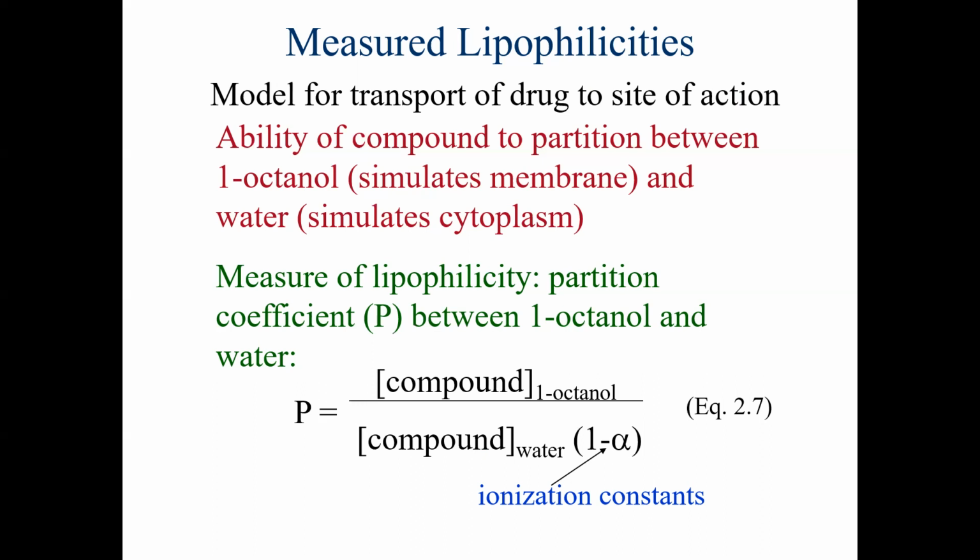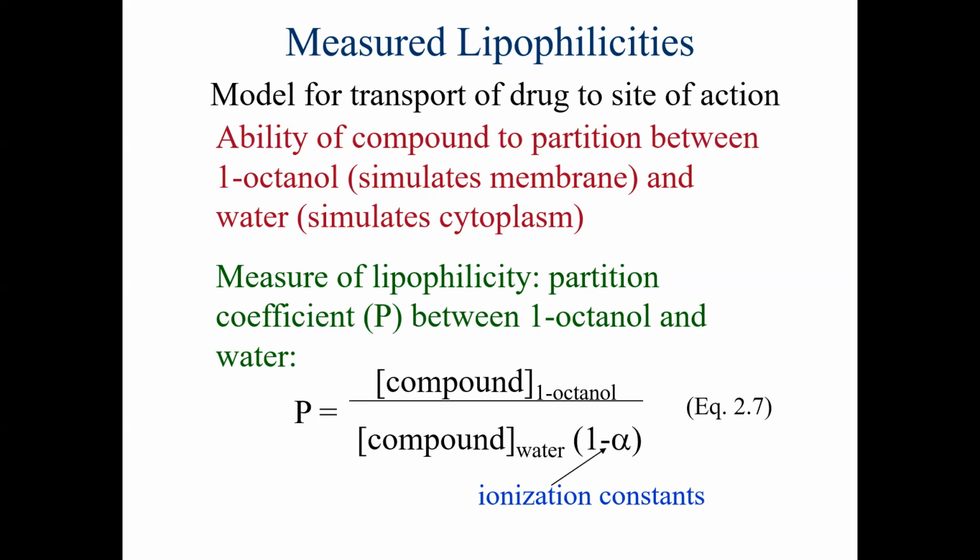I have experience with this because I did these types of studies during my master's degree as well. In those days, we couldn't do ADME predictions. There was no software available for us to do ADME predictions. So we still had to go through this experimental part where we use 1-octanol and water. And then the water simulates the cytoplasm.